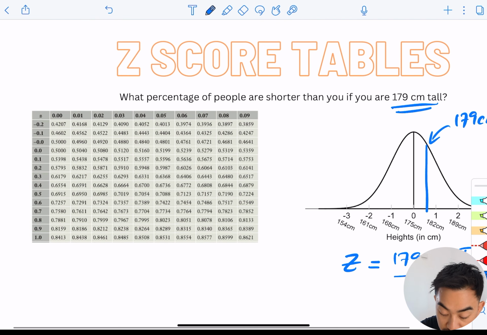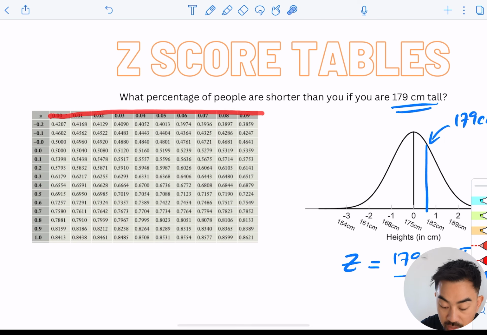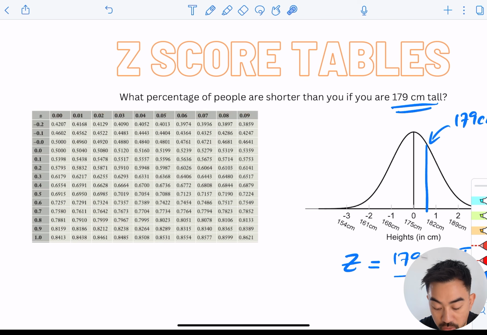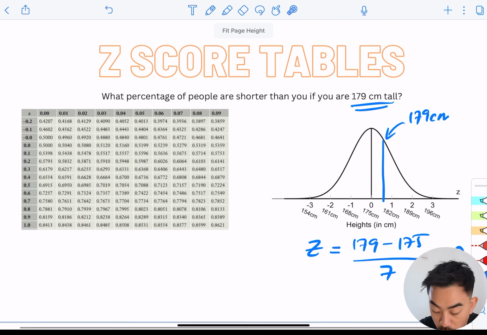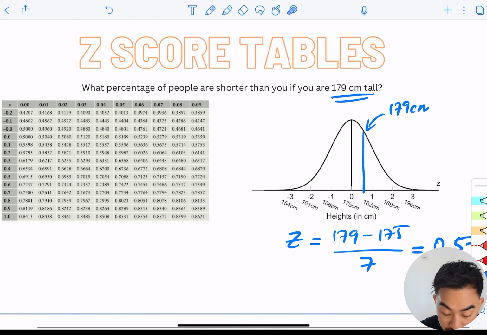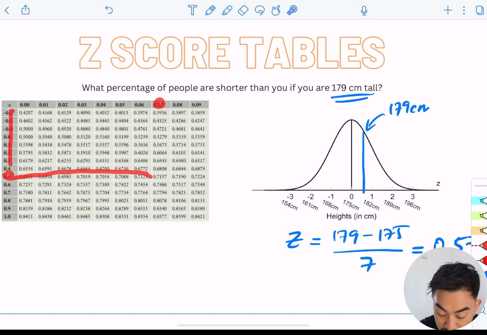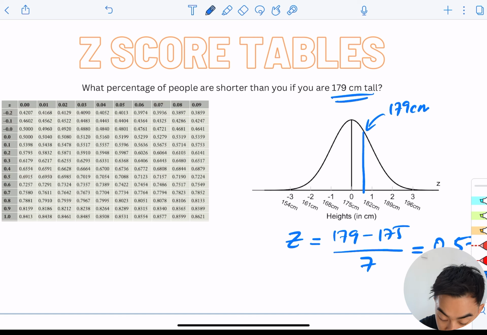So on the left-hand side, you've got the first decimal place, going from -2 to 1. And on this row there, you've got the second decimal place. So what are we looking for? We're looking for 0.57. So I'm going to come down here, 0.5, go across all the way till I hit 0.7. So the number I'm looking for is 0.715.